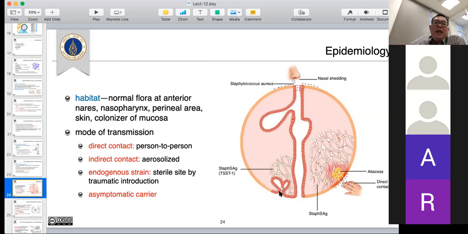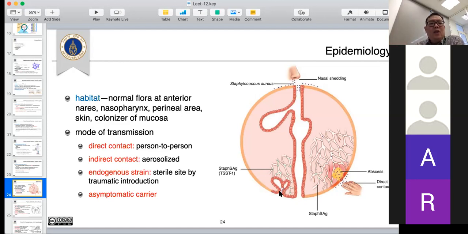Okay, they transmit person to person. Okay, no vector. You are free from mosquito bites. You just touch people who get infected. Indirect contact by aerosols: someone sneezing, someone talking and saliva spills out, okay?